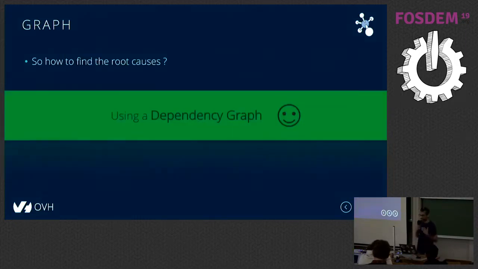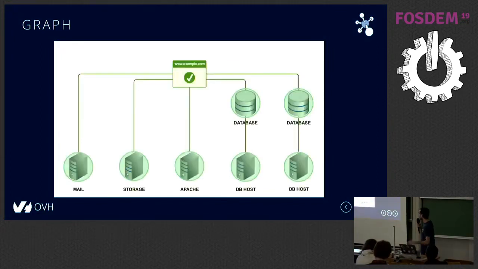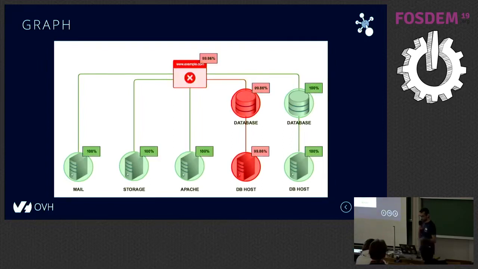So the idea of DEPC is to use a dependency graph to find the root causes. For example, for example.com, we can imagine this kind of architecture. When all the nodes are working fine, the website is up. But if the DNS is not working anymore, or the database is not working, the website will be down. So we can both find the root causes and also get a QoS for example.com.